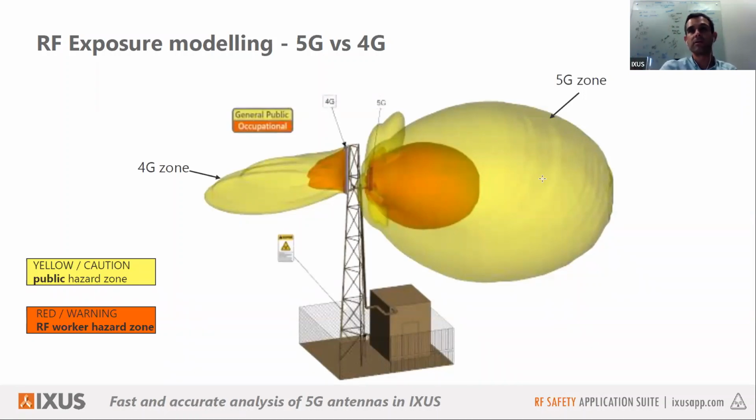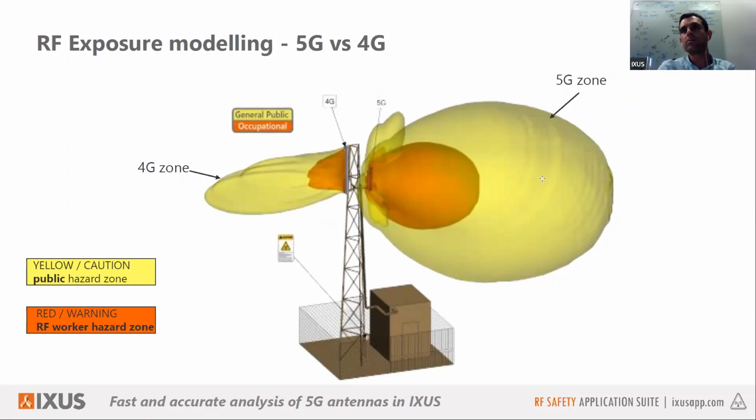These antennas are different. They're not driven with the same power. This is just to show you some of the property differences. The first thing you notice is that the 5G zone is a little bit larger in terms of vertical and azimuth extent.